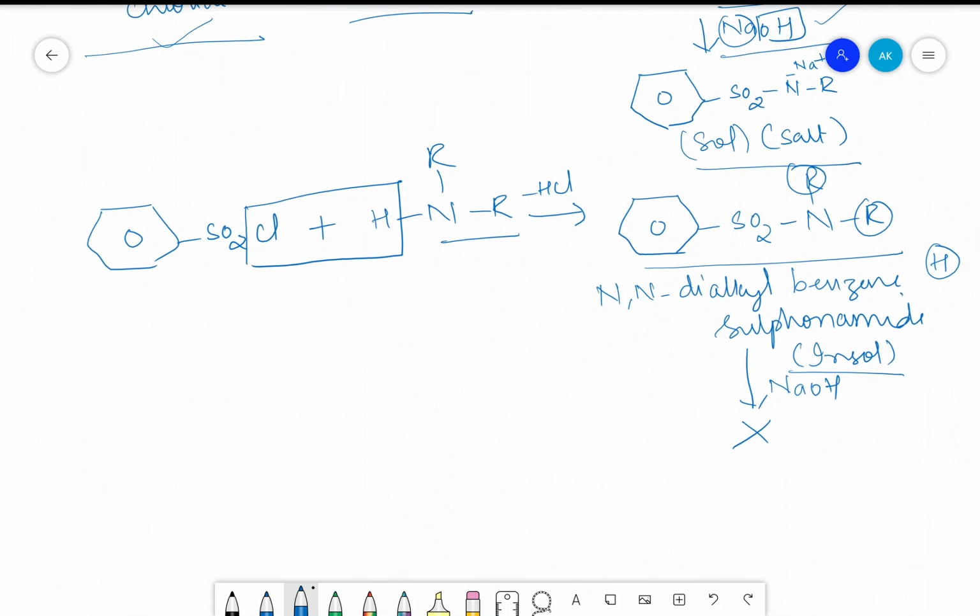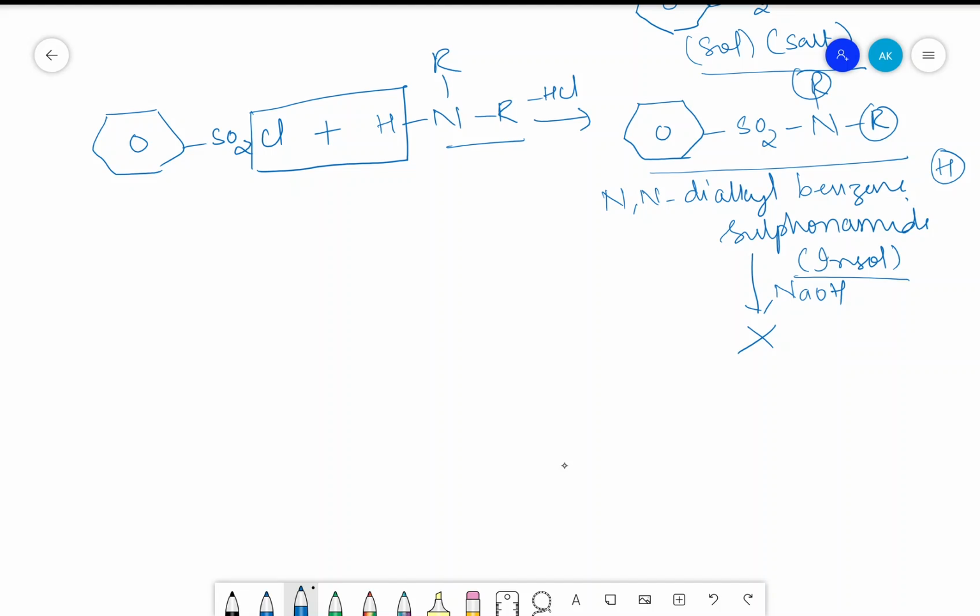The third reaction is if you have benzene sulfonyl chloride with tertiary amine, where all the hydrogens are replaced by R group. So there is no active hydrogen present in the tertiary amine. So the reaction will not proceed forward.